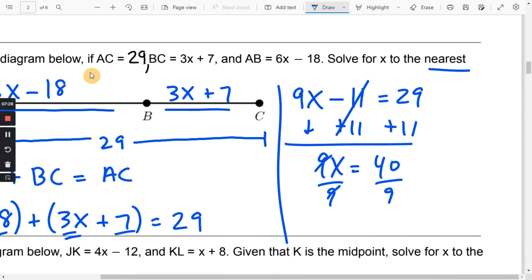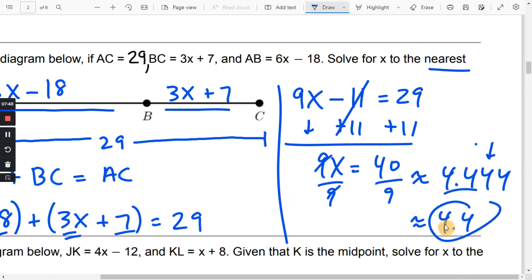So if I did 40 over 9, I get 4.4 repeating. It just keeps repeating. So just looking at the second decimal, since it's less than 5, I'm going to round it down. And it's just 4.4.